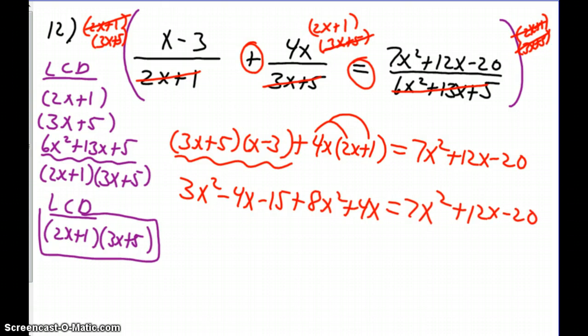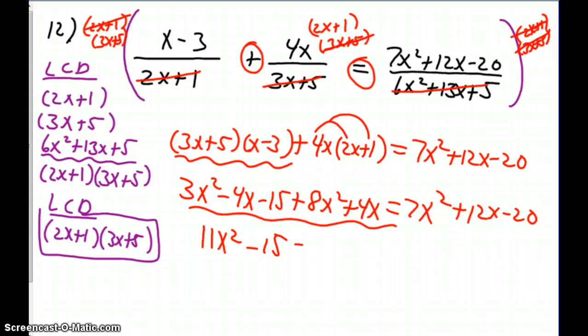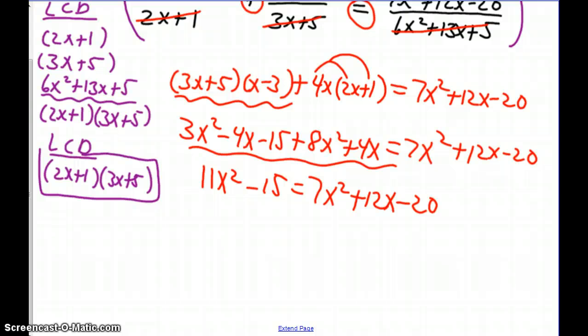Now combine your like terms. So you get 11x squared, minus 15, and that's going to equal 7x squared plus 12x minus 20. Now once again we have a quadratic, so our next thing is to set it equal to 0.